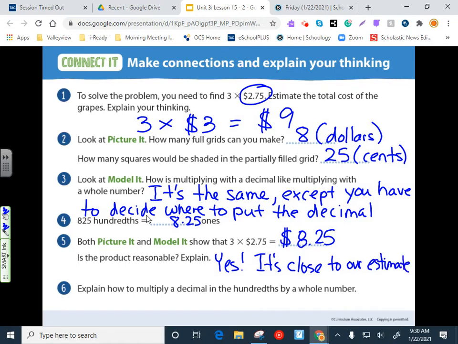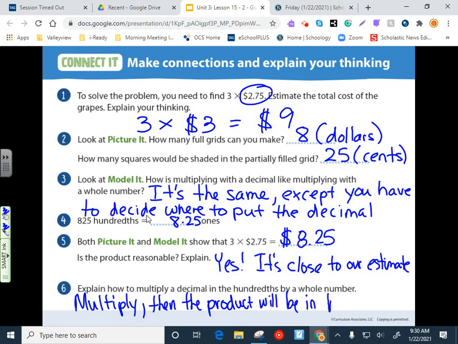Explain how to multiply a decimal in the hundredths by a whole number. Just simply multiply. Then the product will be in hundredths.